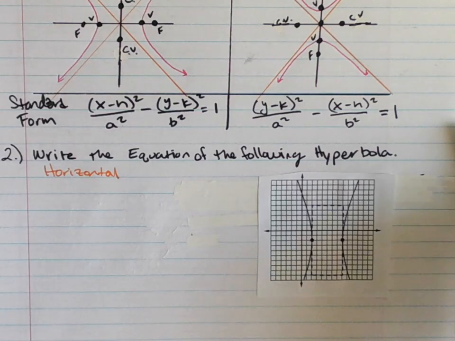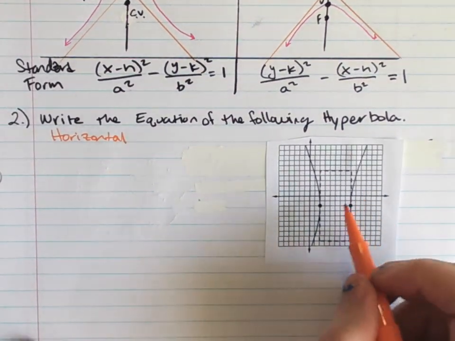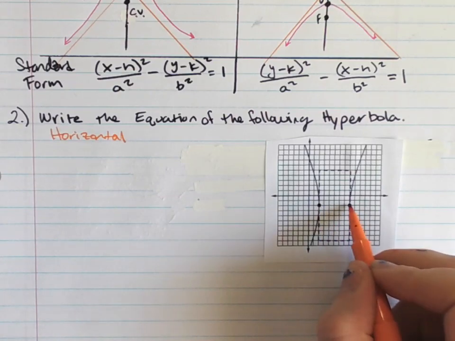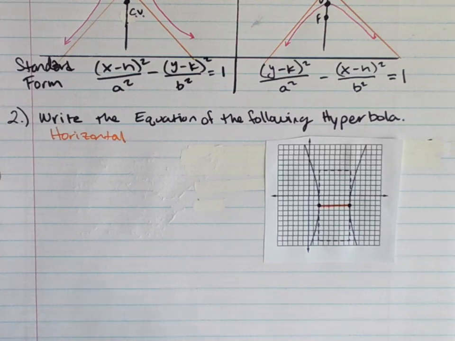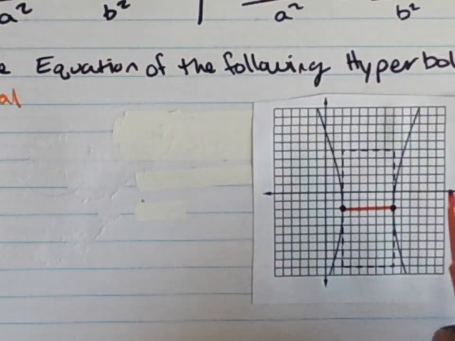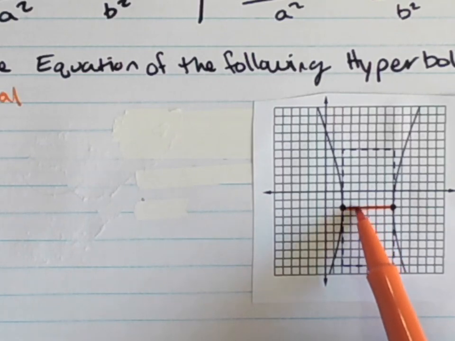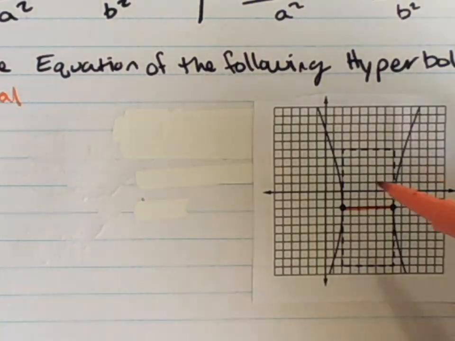We can also figure out what our center point is because it's going to be exactly in the middle of the vertices. So if this is a vertex in that one, we just draw a line. We need to find the middle of that. Since it's on a graph, and I'll zoom in so we can see it together, I'm just going to count it. If the full distance is 1, 2, 3, 4, 5, 6, I only have to go 3 in.